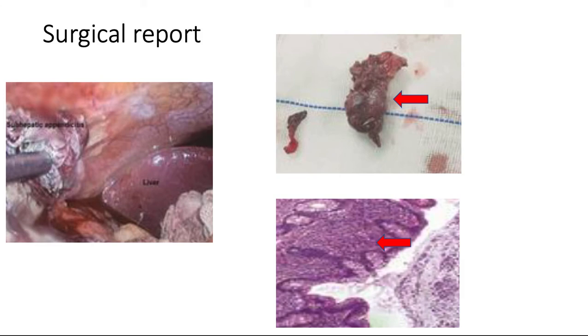The caecum was lying at the hepatic flexure, and resultantly the appendix base was posterior-inferior to the inferior border of the liver. This was attributed to a congenital adhesion causing malrotation of the caecal pole. The appendix was enlarged. This is shown by an arrow on the top right.